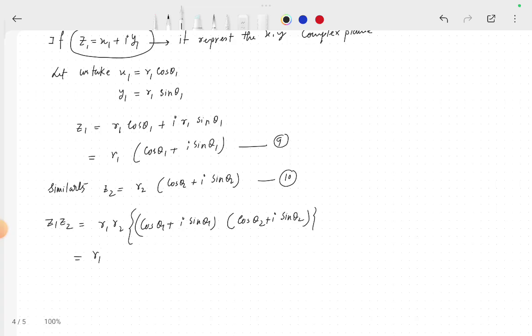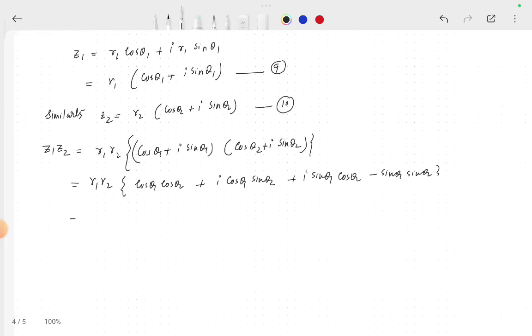Okay, so r1 r2 equals cos theta 1 cos theta 2 plus i cos theta 1 sin theta 2 plus i sin theta 1 cos theta 2, plus i squared, which is minus sin theta 1 sin theta 2.